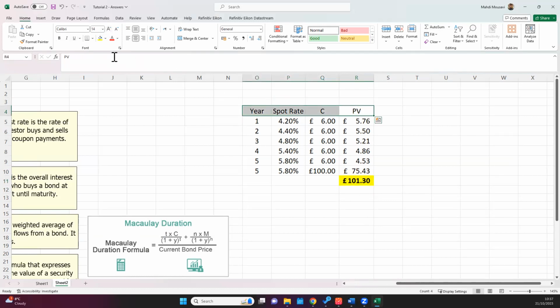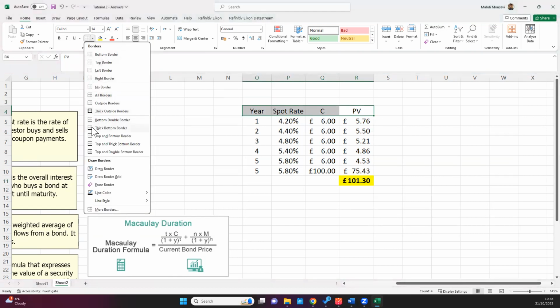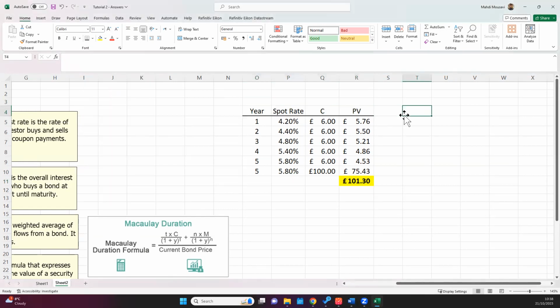So this is how you can find the price of a bond using spot rates. But remember, we can find the price of a bond using both spot rate and yield to maturity.